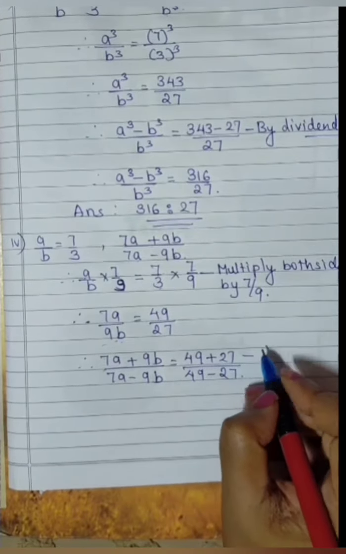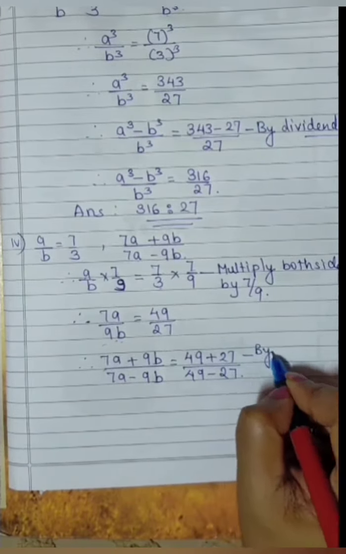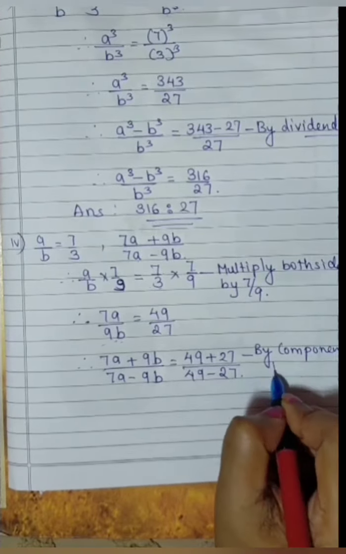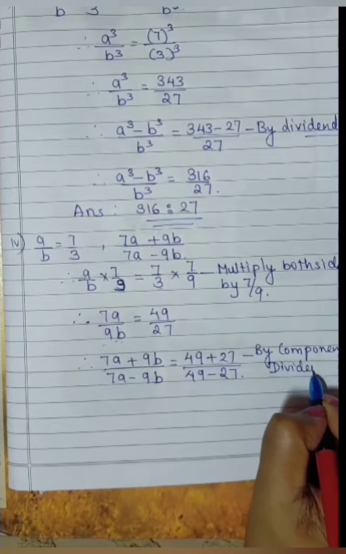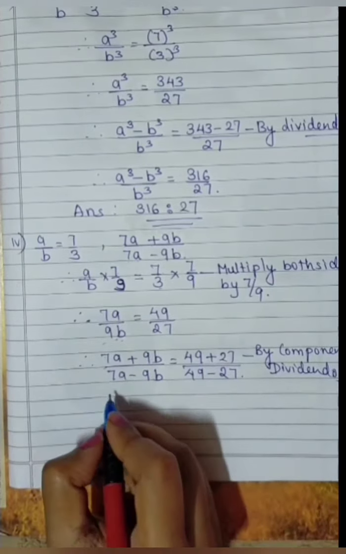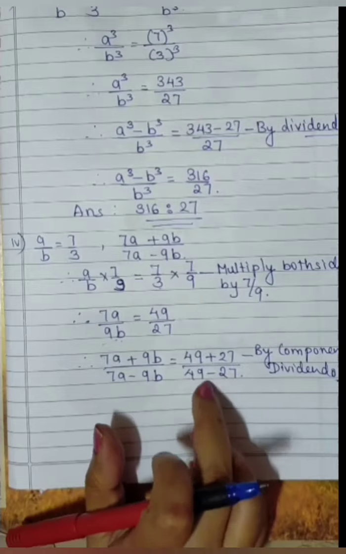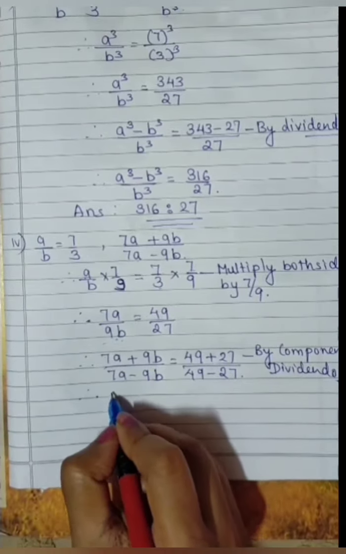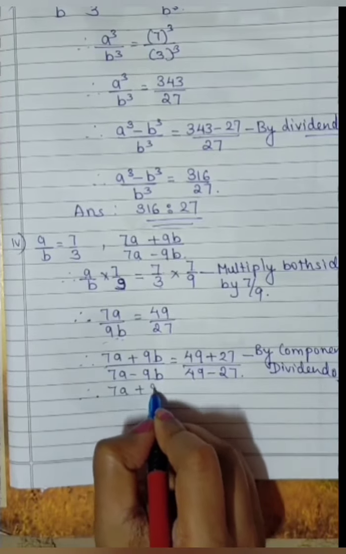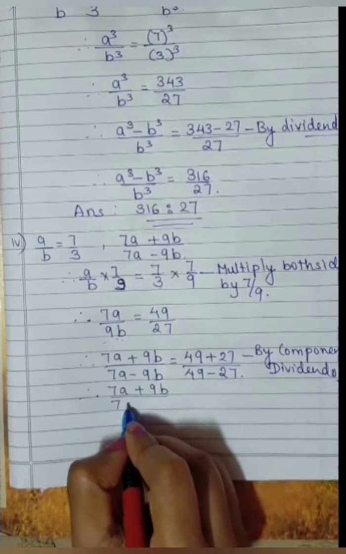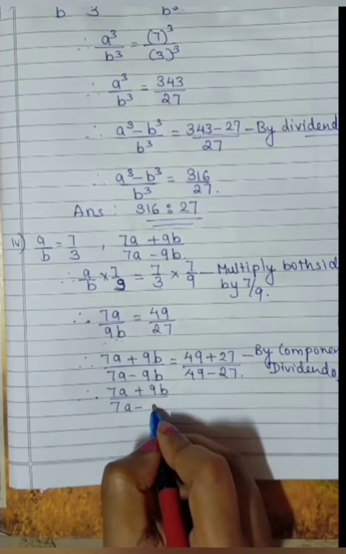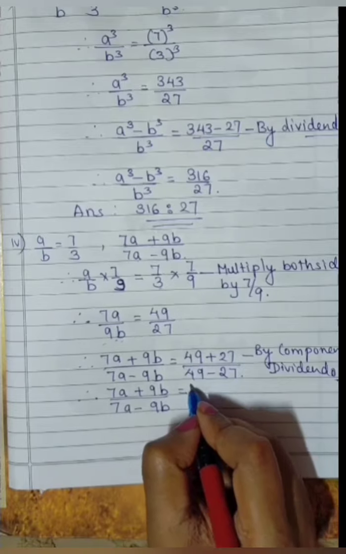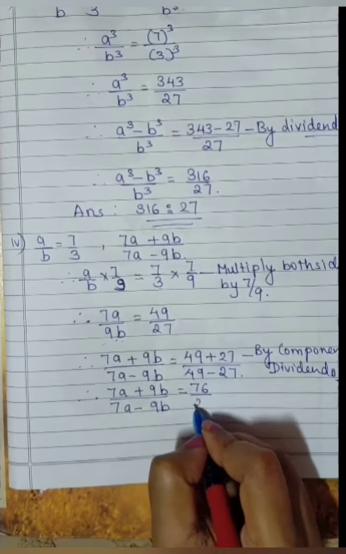Now here we are going to use componendo and dividendo. After this, the next step will be (7A plus 9B) upon (7A minus 9B) is equal to 76 upon 22.